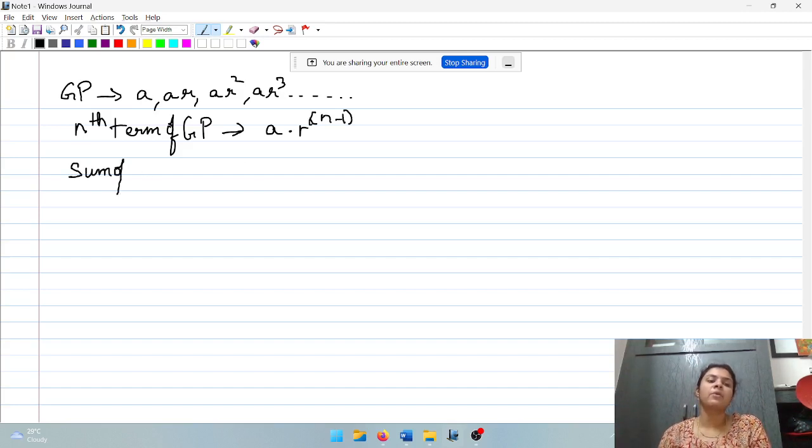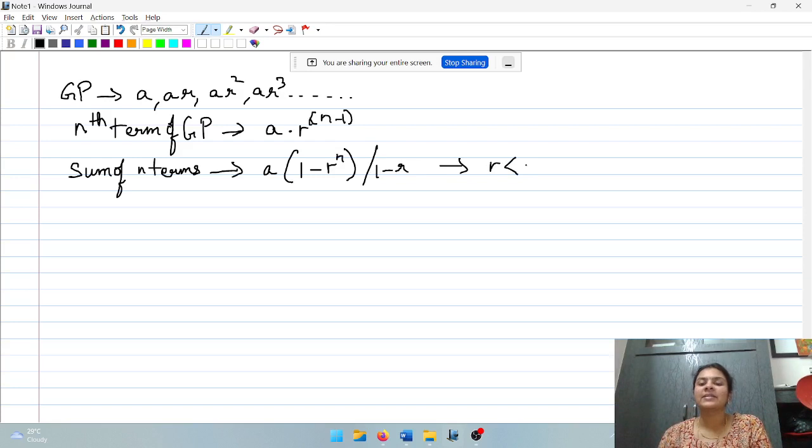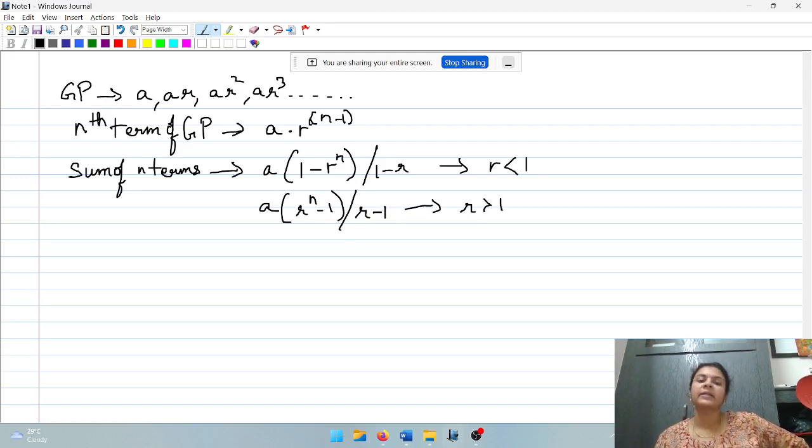And sum of n terms in a GP is given as A into 1 minus R to the power n divided by 1 minus R if R is less than 1, or A into R to the power n minus 1 divided by R minus 1 if R is greater than 1.